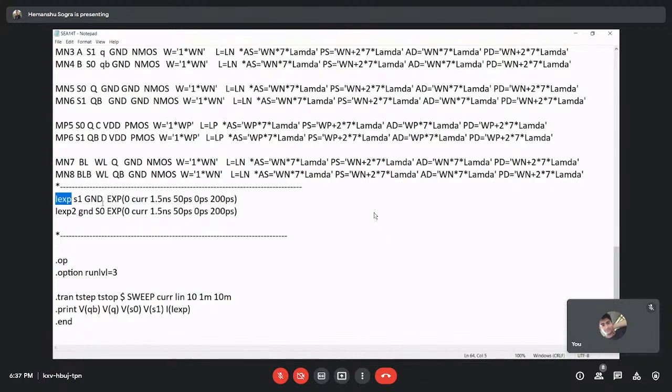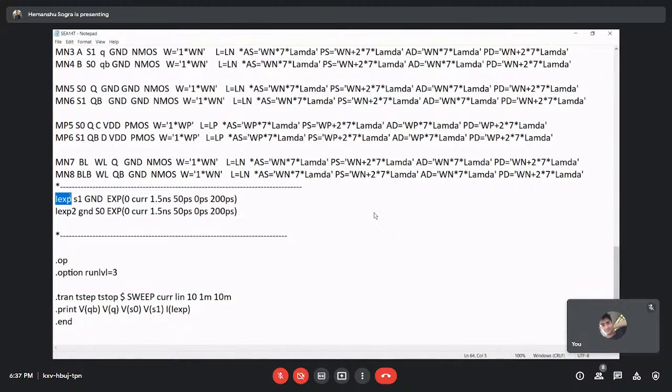Like if you see here the second last line, print V(QB): this V is for voltage and QB is the node name. Similarly, in IXP, I is for current, and EXP is the name. EXP is user defined. Okay.